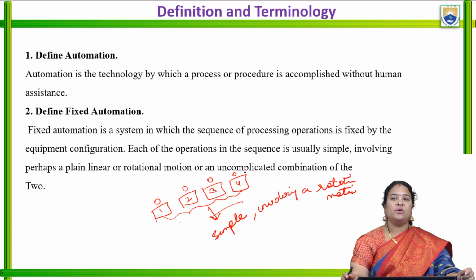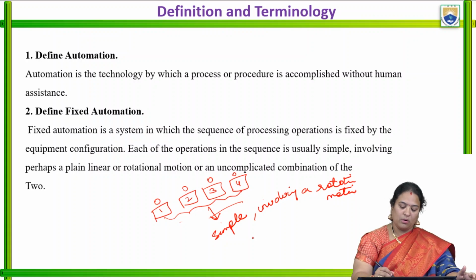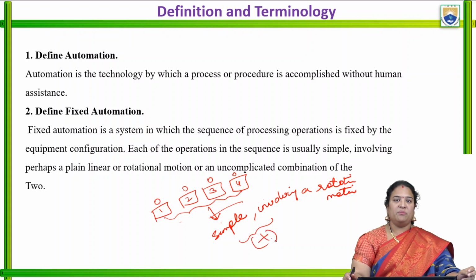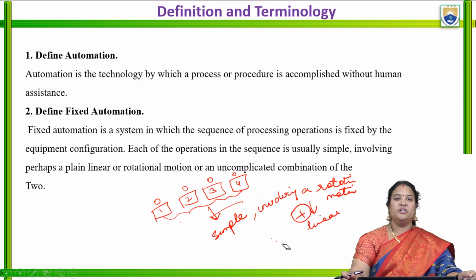In this sequence, the operations are usually simple, involving plane, linear or rotational motion, or a combination of the two. That is, it can be linear as well as rotational, or a combination of both.